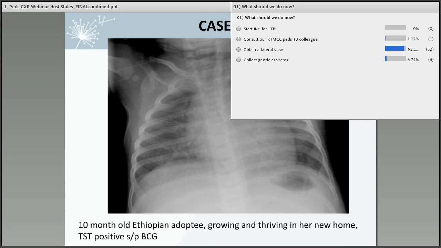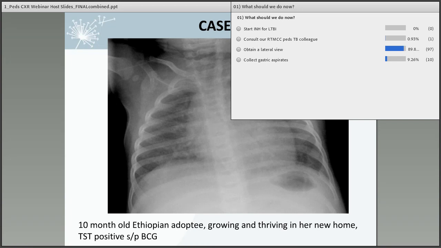That's routine. This little girl did have a negative HIV, and it turns out in backstory that she had multiple respiratory infections or illnesses in the orphanage, and at one point she even received IM gentamicin. She was severely malnourished, and again, as I mentioned, she is HIV negative.